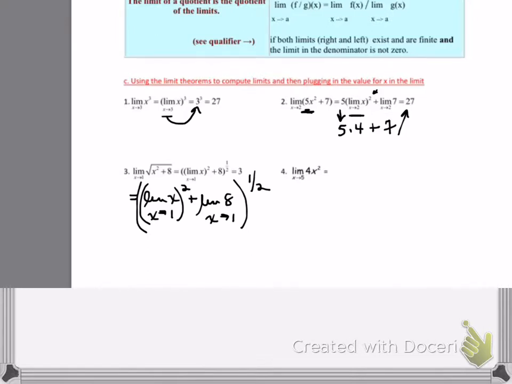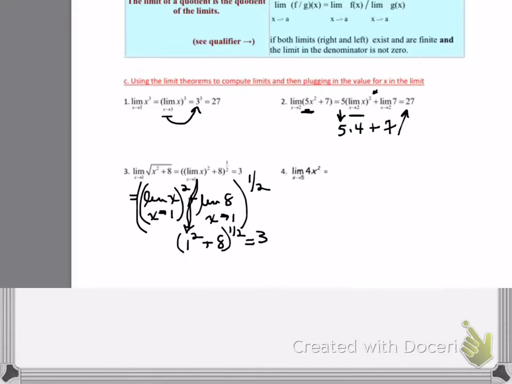Because of the nature of the function, I know I'm only going to get the principal root. So the limit of the function as x approaches 1, if I plug in a 1 and square it, I'm going to get 1 squared plus the limit of a constant is just the constant, that's 8, and then raise that to the 1/2 power, so the square root of 9 is just going to be 3.